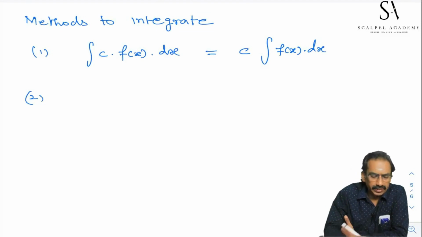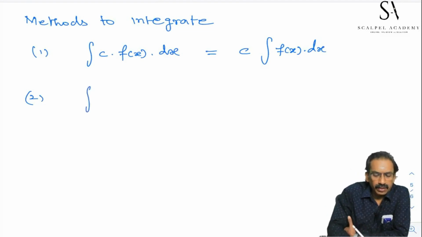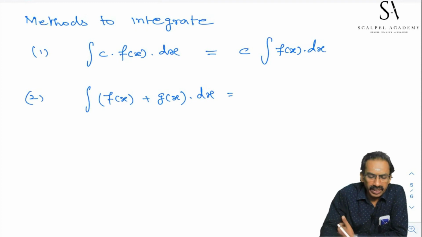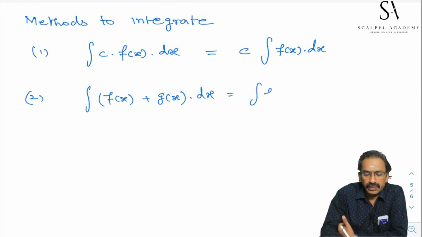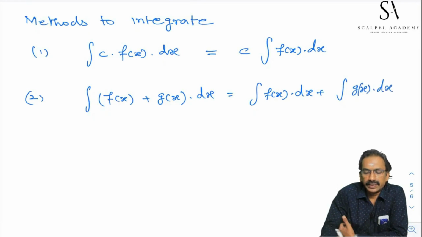Like that, suppose you are having composite functions, integral f of x plus g of x dx. Then how to evaluate? First you integrate f of x dx plus then integration of g of x dx.